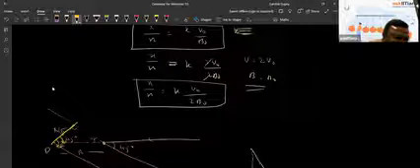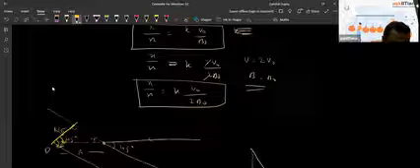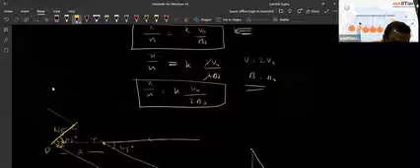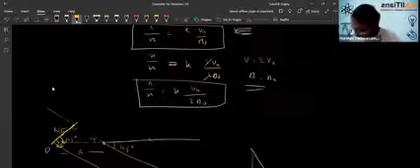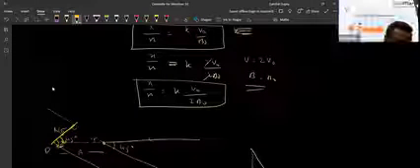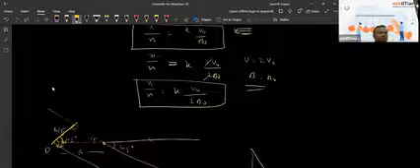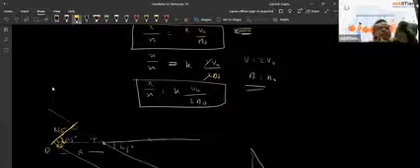Okay, send me. So how to calculate the magnetic field of the center? It's not getting downloaded. Why is it so?